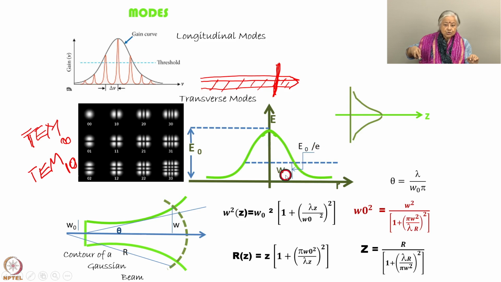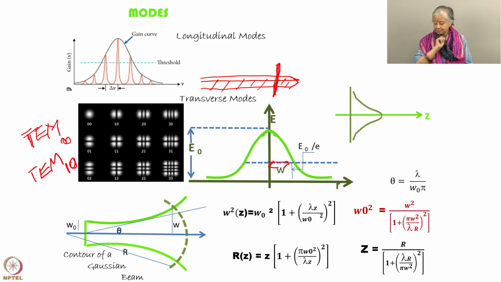It is convention to define that, and whatever is the width here, this W, okay, this part is W, and sometimes conventionally it is called omega, whatever you might like.